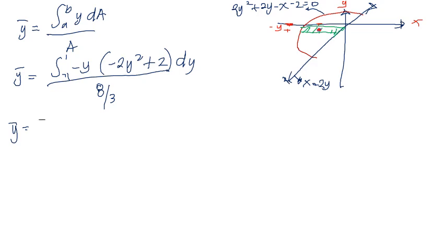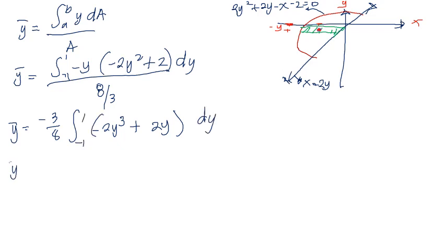We have negative 3 all over 8 integration of y. Distribute lang natin sa each term. So you have negative 2y cubed plus 2y. We already extract negative to the integration element. It will be 2y plus 2y times dy from negative 1 to 1.